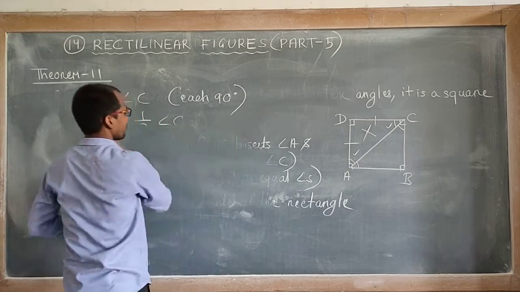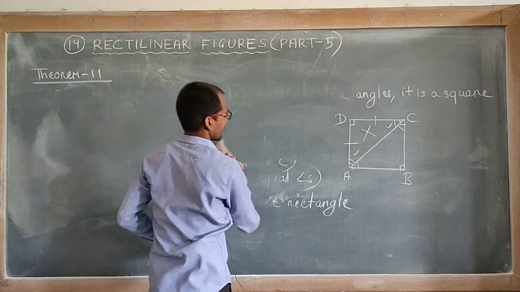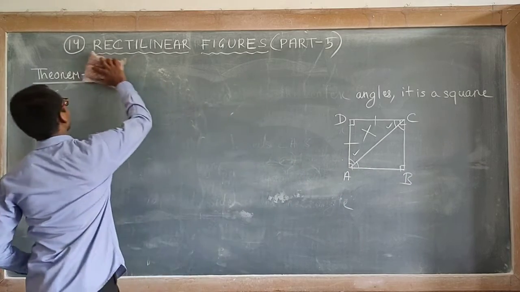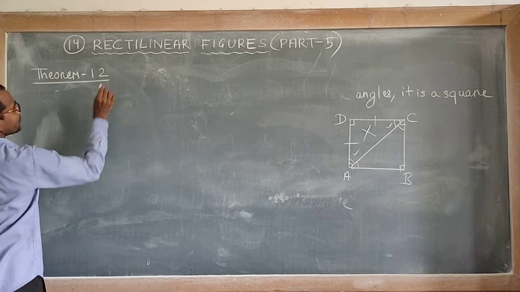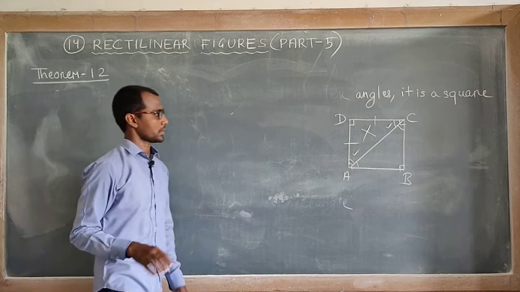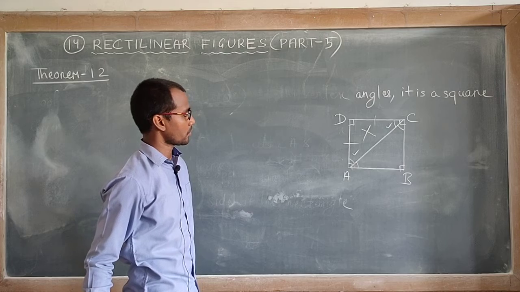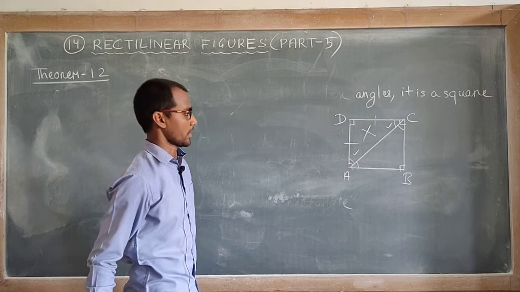Next, theorem number 12. Again based on square. Theorem number 12. This was based on angle. Now let us move to diagonal. Okay.